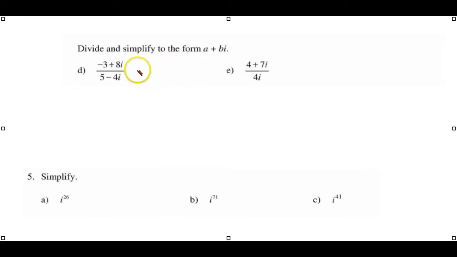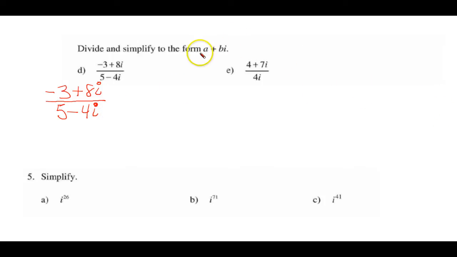Now we're going to use the imaginary conjugate as we do some of these. Let me set it up so we can see it properly. Negative 3 plus 8i divided by 5 minus 4i.